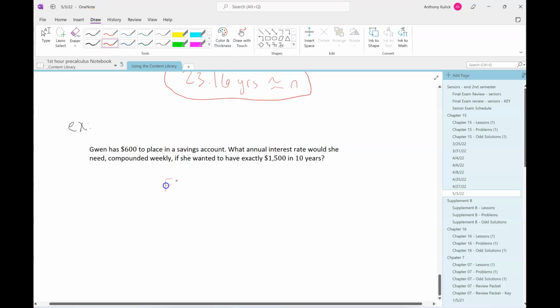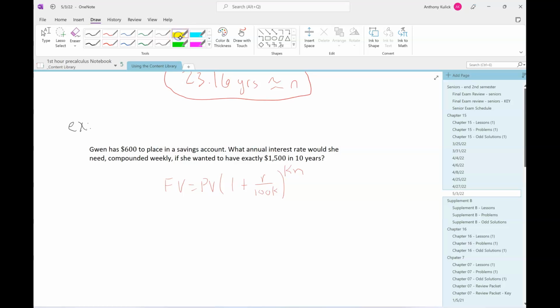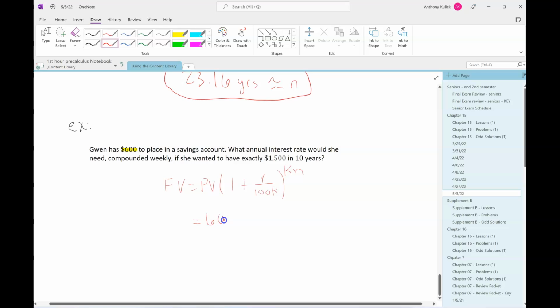So again, I heard compound and interest in here, so I know I'm going to be using my compound interest formula. Where does the 600 go? That's the present value. Very good.